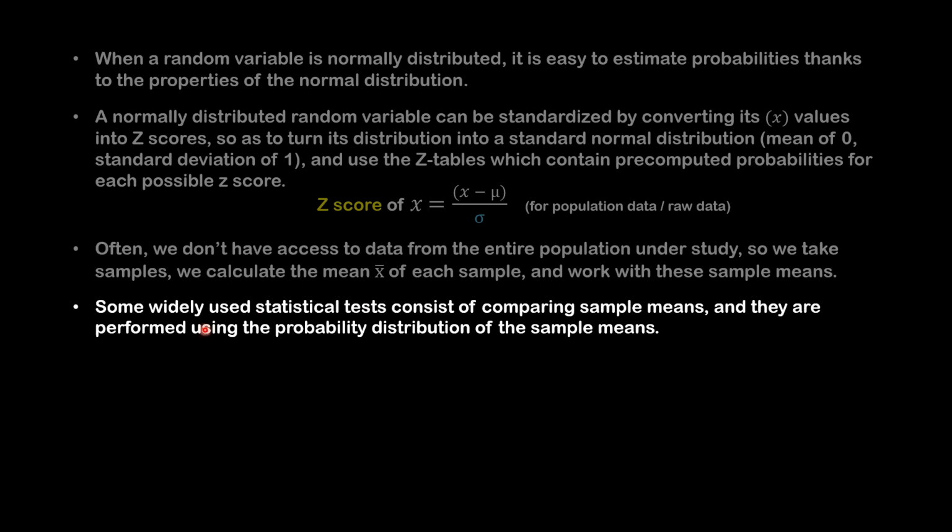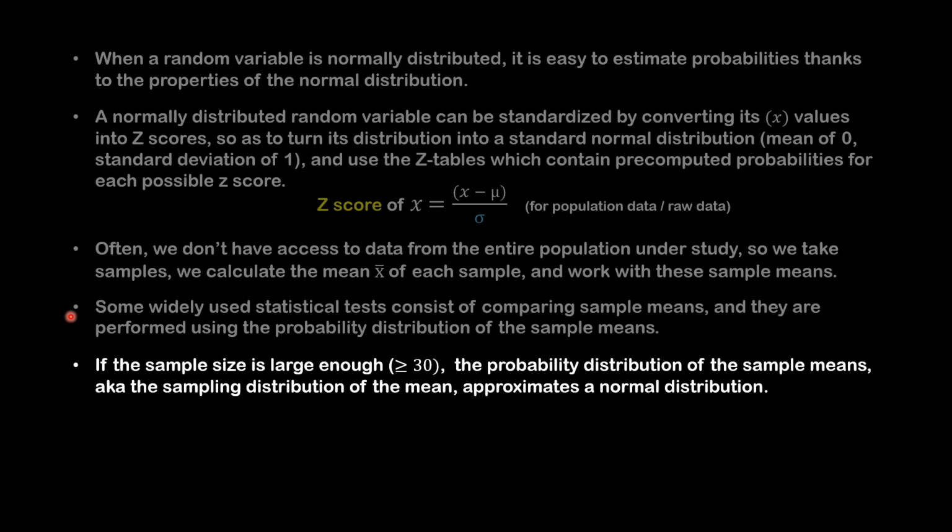Some widely used statistical tests consist of comparing sample means, and they are performed using the probability distribution of the sample means, also known as the sampling distribution of the mean. If the sample size is large enough, usually over 30, the probability distribution of the sample means, aka the sampling distribution of the mean, like I said, approximates a normal distribution.